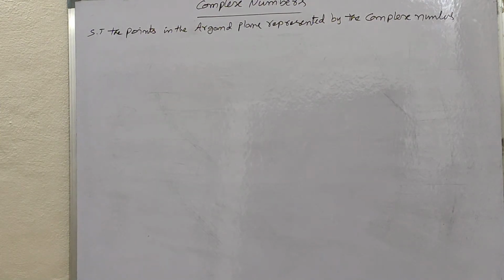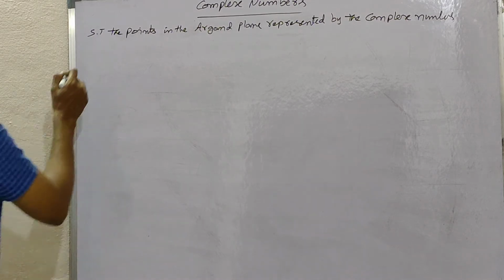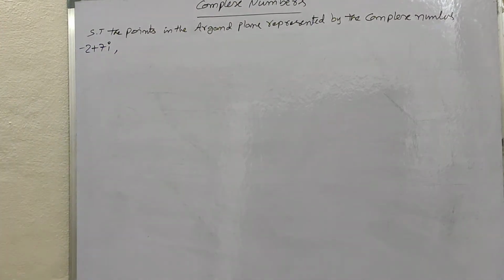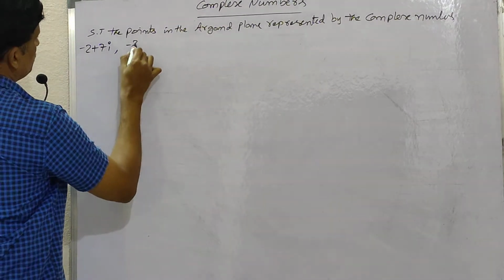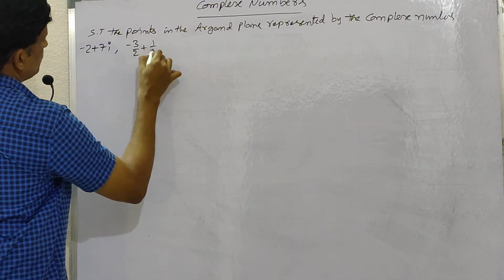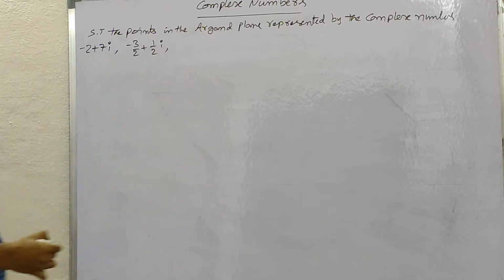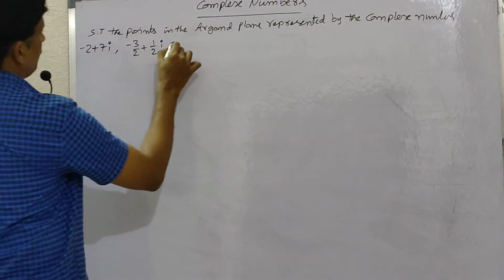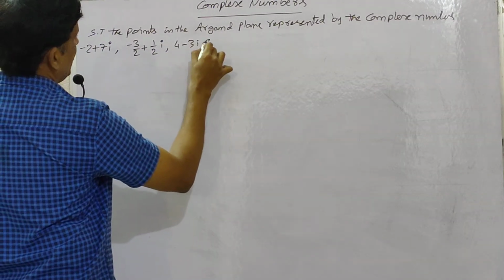Here the complex numbers are given by -2 plus 7i is the first one. Second one is -3/2 plus 1/2i. Next, the third one is 4 minus 3i.